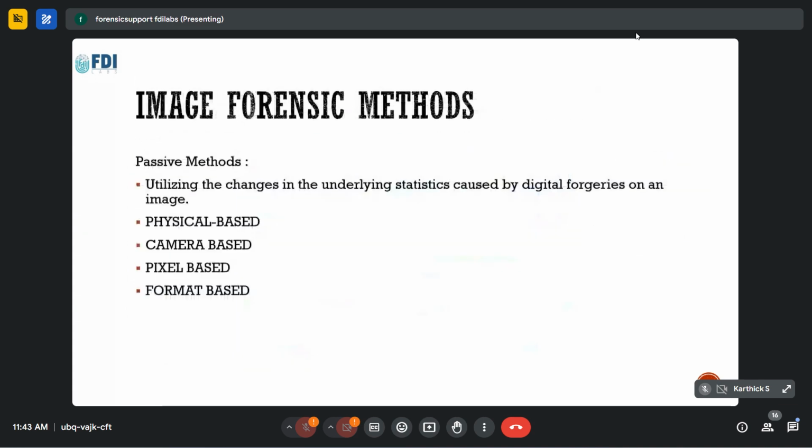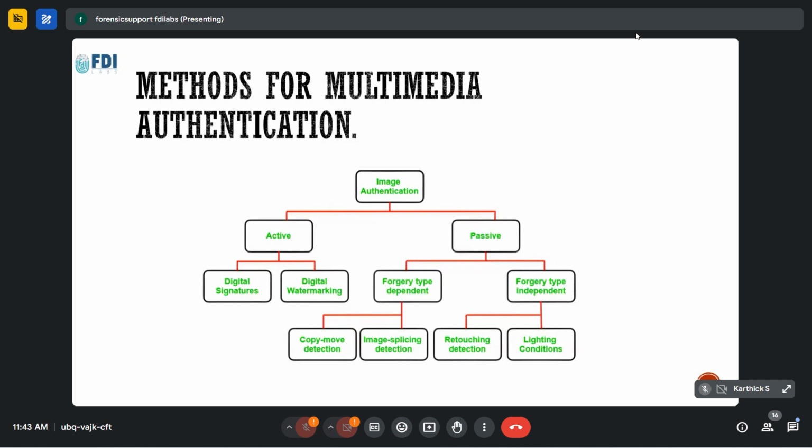So yeah, let's go to this topic again, because I'm going to deeply explain the image authentication process here. Yes. So we see that there are two types of methods called active and passive.